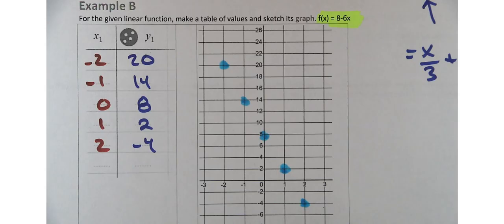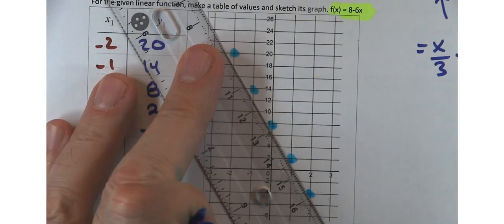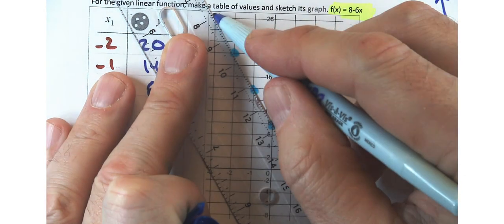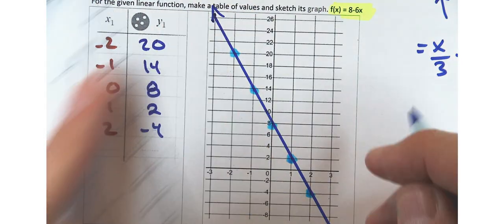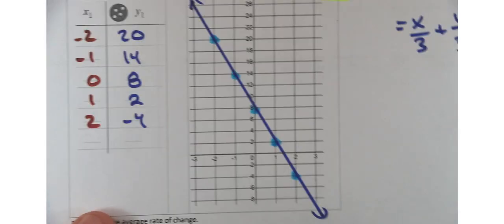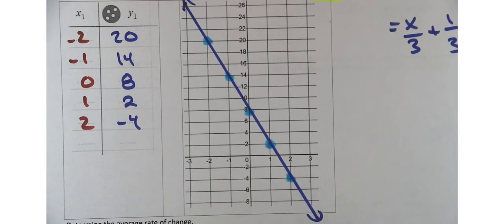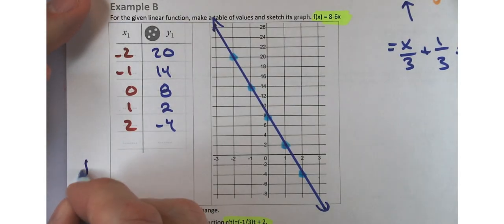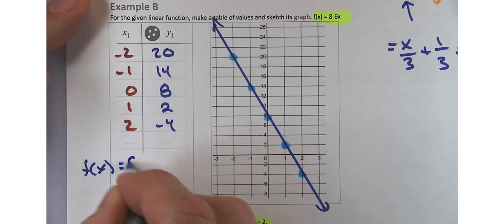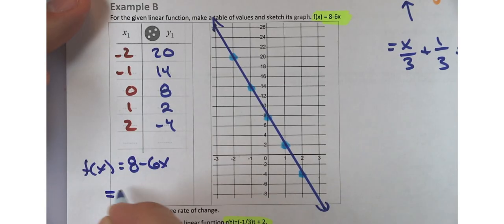Is there a pattern to all these? Yeah, it kind of looks that way. In fact, there is. They all lie on the same nice straight line. What's the y-intercept of this graph? 8. Yeah. And you can see that if you rearrange our function f of x equals 8 minus 6x, you can rearrange it as -6x plus 8.